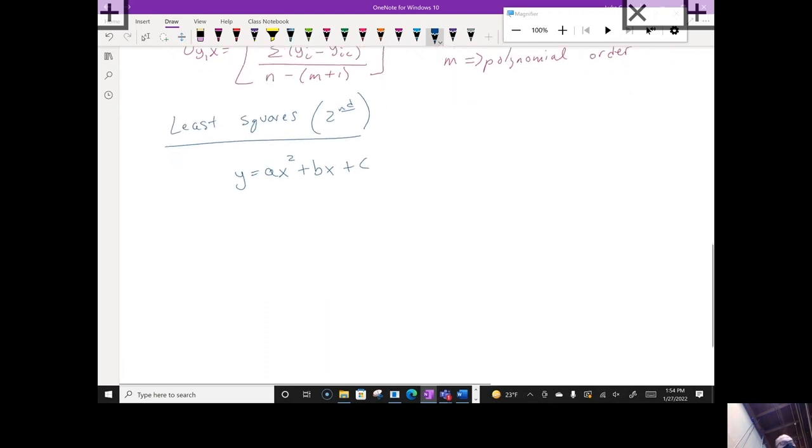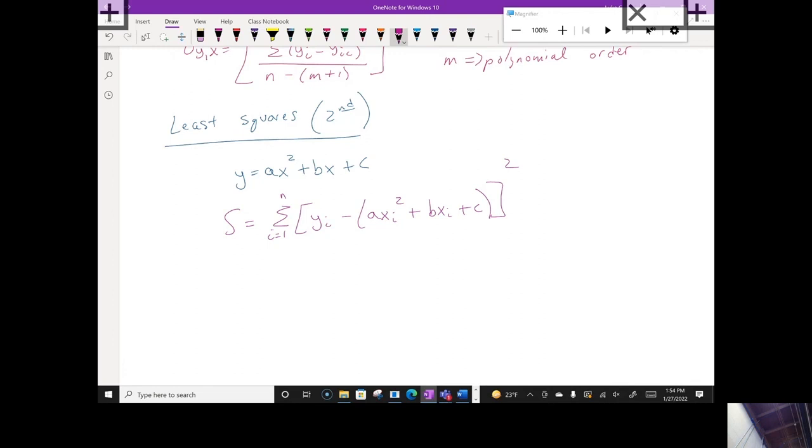So if you remember from least squares, we're trying to minimize the error. We take our experimental value, subtract it from our linear equation value, where I just substituted that in, and we square.